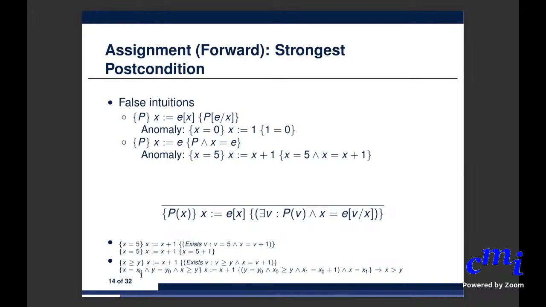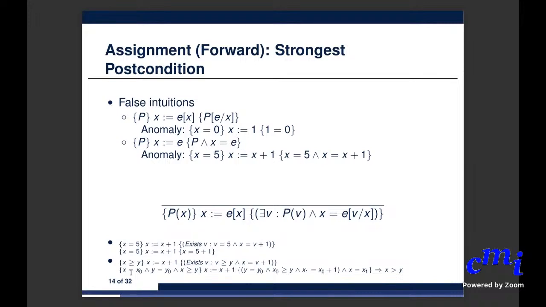As long as you make sure that x naught and y naught, these logical variables denoting the values of the program variables in the pre-state, don't clash with the program variables in here.